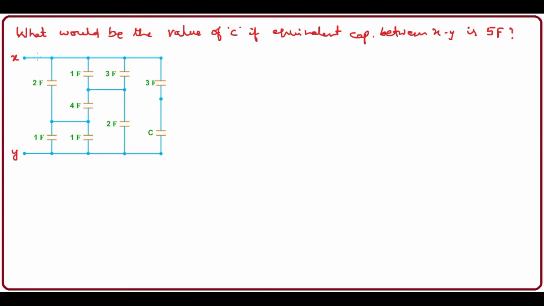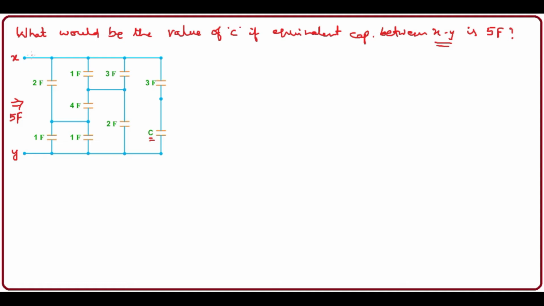If you can see the current flow, it is between X and Y. We need to find the value of C such that the equivalent capacitance between X and Y is 5 Farad.